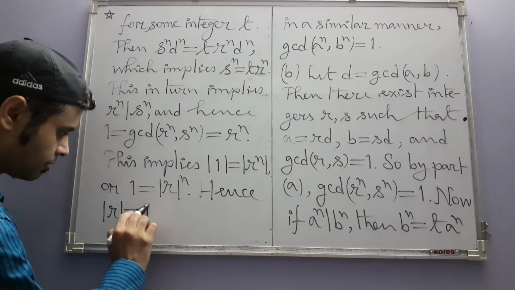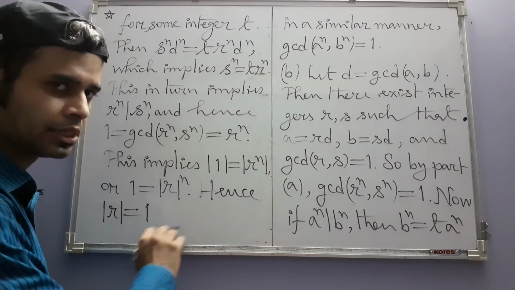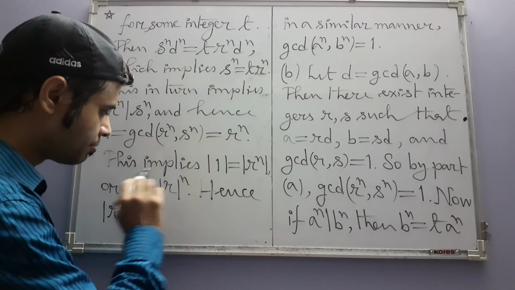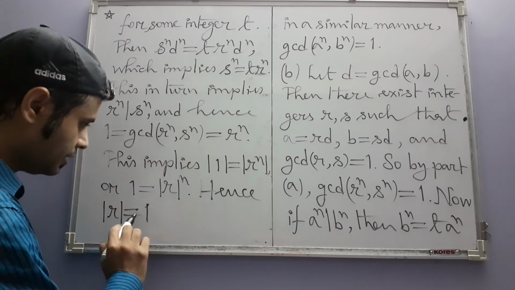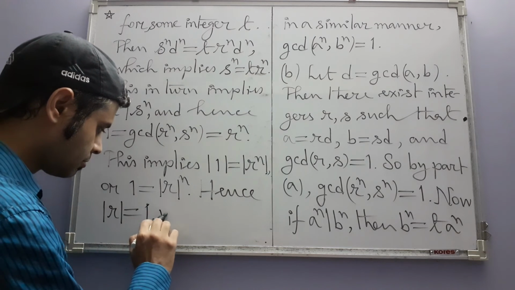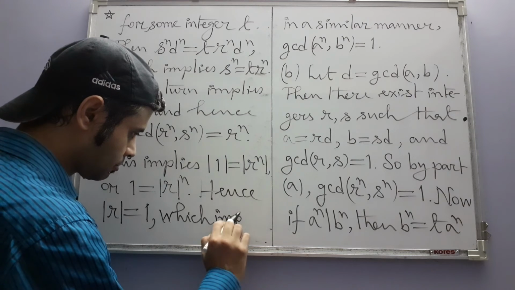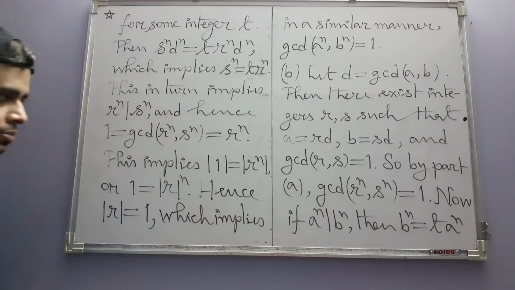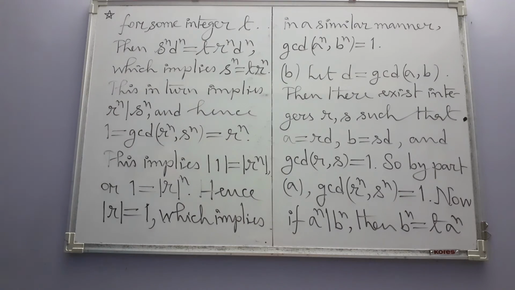And that is why this is equal to 1, using that algebra trick where we can factorize this to the power n minus 1 algebraically. So from there we are getting this, which implies that R is either plus 1 or minus 1.